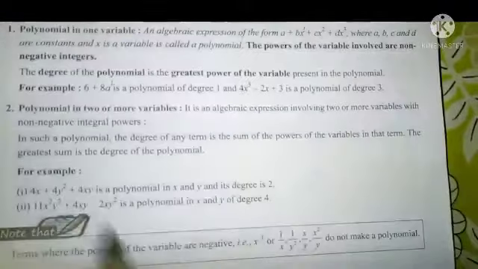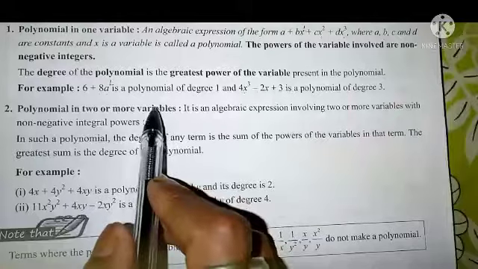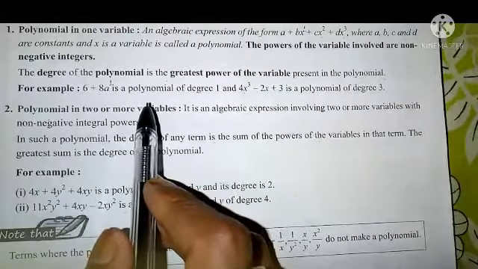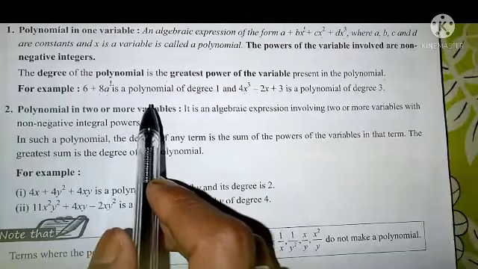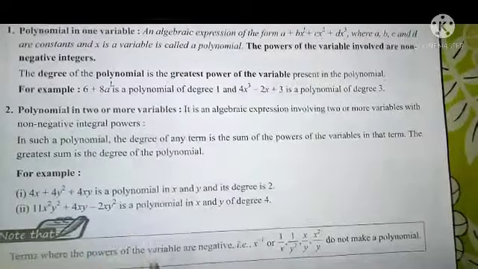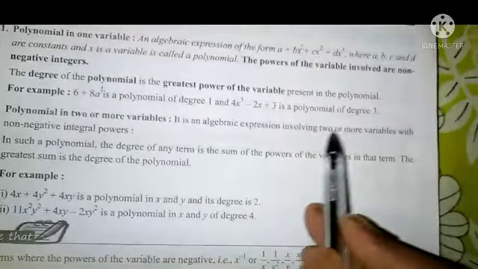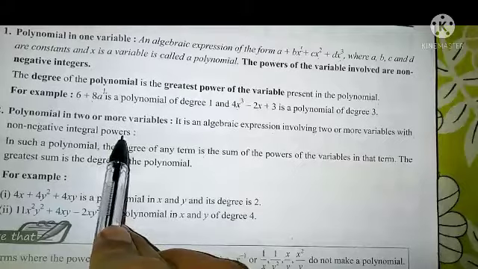Now the next is polynomials in 2 or more variables. It is not necessary that all the time we must have a polynomial with one variable only. Sometimes we may have 2, 3 or 4, any number of variables. It is an algebraic expression involving 2 or more variables with non-negative integral powers.